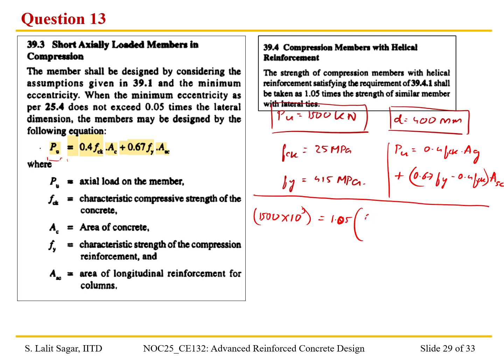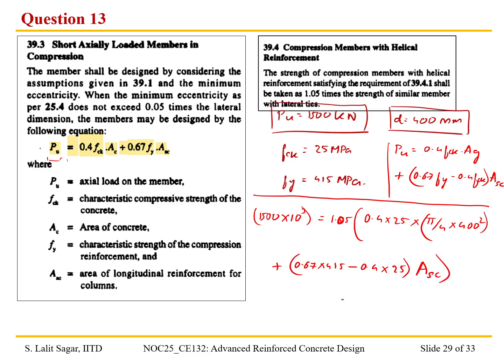1.05 into 0.4 into fck, fck is 25, multiplied by Ag, which is pi by 4 into 400 square, that is the gross cross-sectional area, plus 0.67 into 415 minus 0.4 into 25, multiplied by Asc.